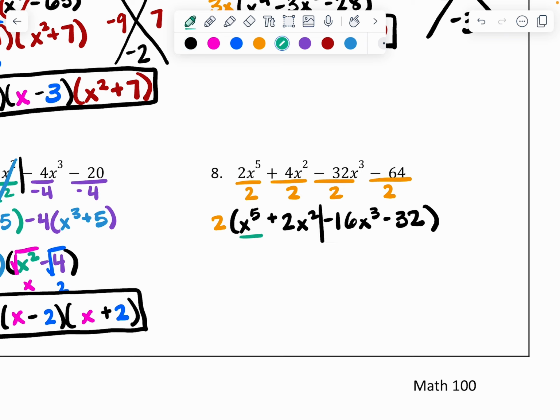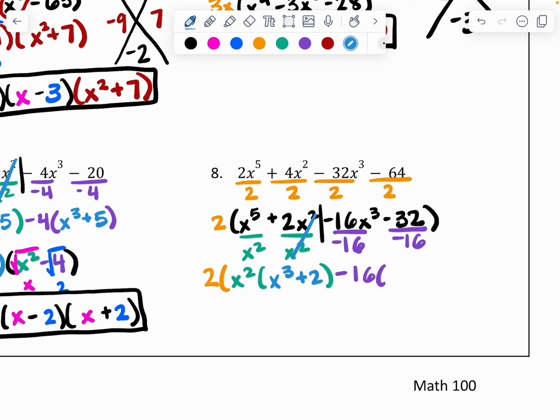Factor out x squared. So now I have 2 x squared times x to the power of 3 plus 2, factor out negative 16 times x to the power of 3 plus 2.